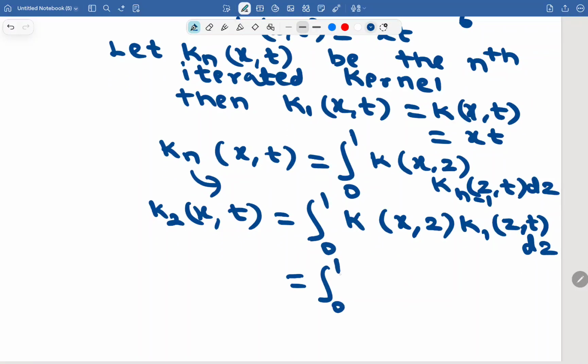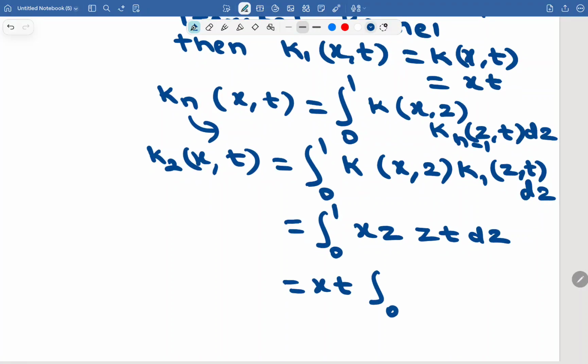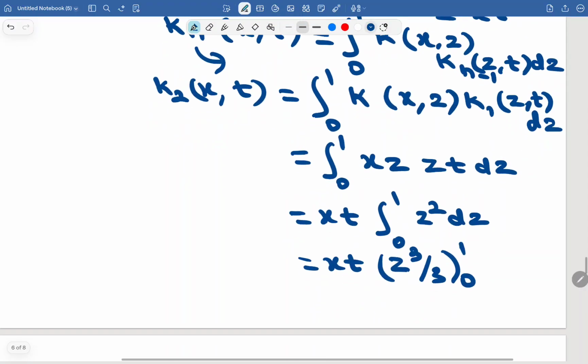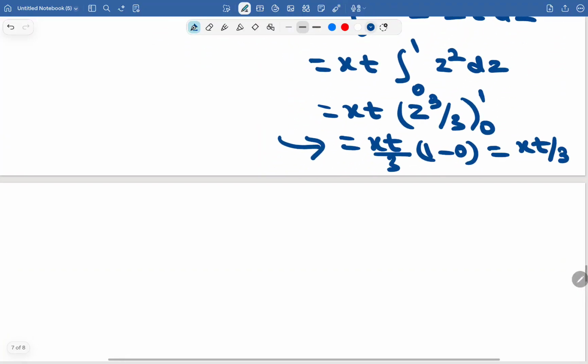This is nothing but k(x, t) is xt, k(x, z) is xz, k1(z, t) is zt, dz. xt integral 0 to 1 of z squared dz, xt times z cubed by 3 from 0 to 1, xt by 3 into 1 minus 0. Answer is xt by 3. This is k2 of (x, t), but we need k3 of (x, t).